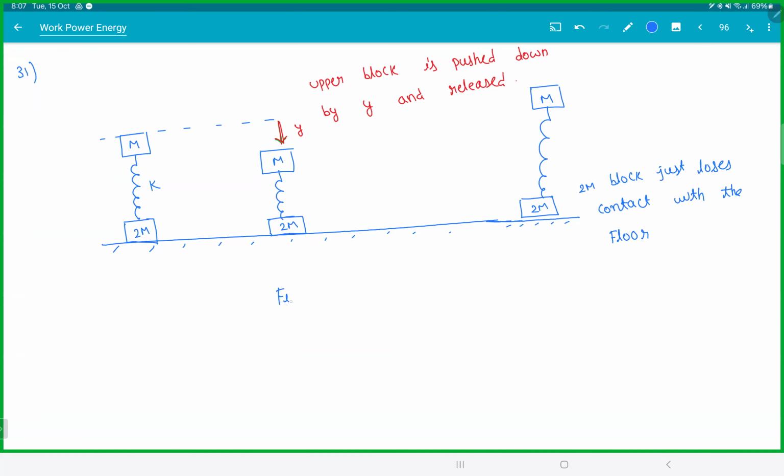So for this to happen, find a y minimum. If you compress the spring too much, definitely 2m will go off. So there's a minimum value for which it just lifts off. The word is that it just lifts off, so that the lower block 2m just lifts off.